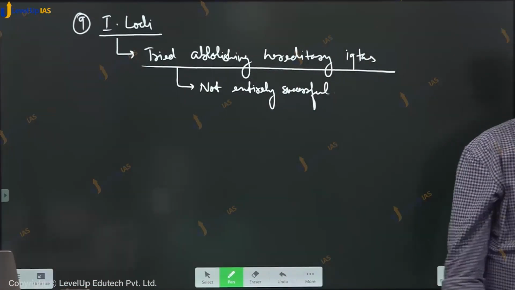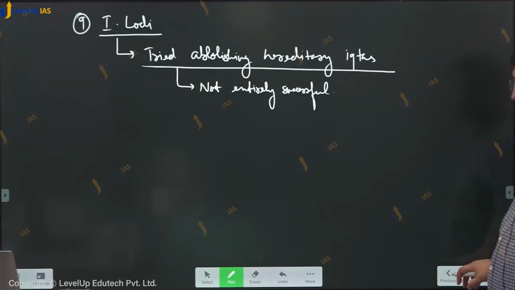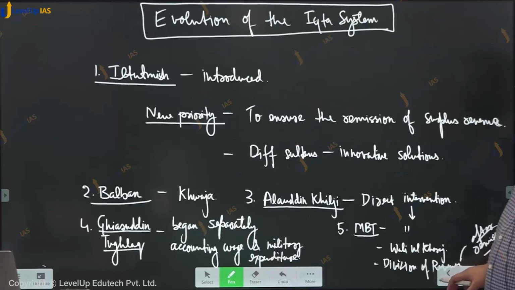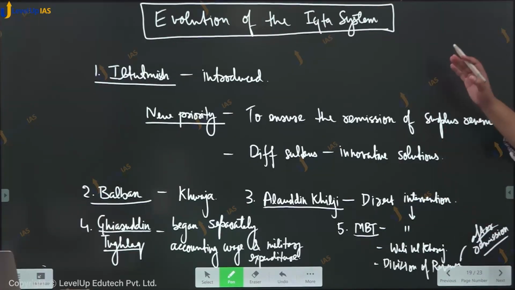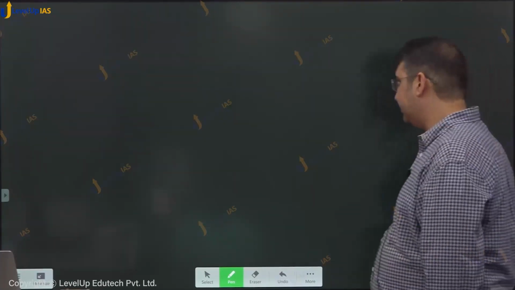And it is in this manner that the Iqta system evolved over time under various sultans, beginning from Iltutmish right up to Ibrahim Lodi. Take down a question.